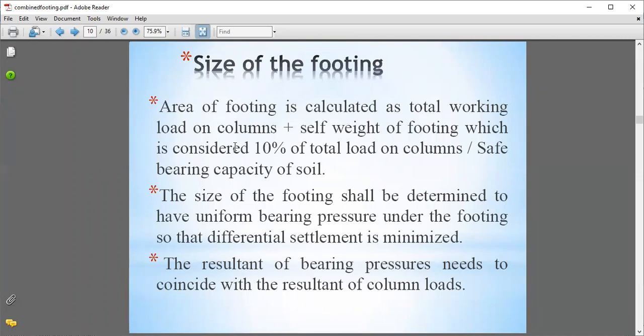So there is a pressure that will be applied, or load will be applied on the soil, so that the soil has some SBC which carries the load, the safe bearing capacity of the soil.